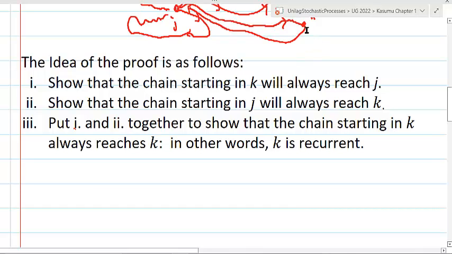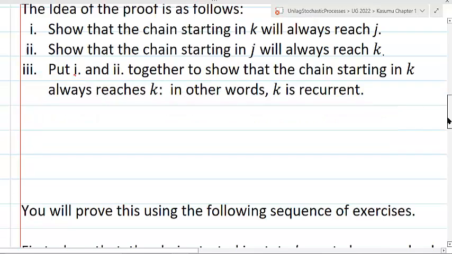That means if I start in K, at some point I will always get back to K. And that's the same thing as saying that K is recurrent. Okay, so that's the idea. If we can prove these steps 1 and 2, then 3 follows immediately, and 3 is the same thing as saying that K is recurrent. All right, so let's see if we can show these two steps.